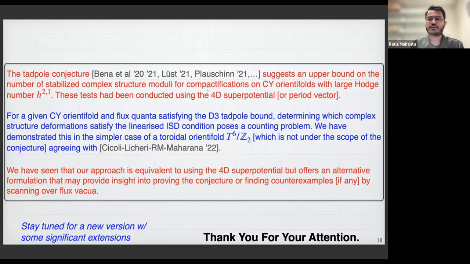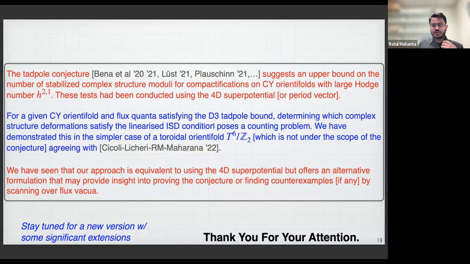There is the tadpole conjecture that suggests an upper bound on the number of stabilized complex structure moduli for compactifications on Calabi-Yau orientifolds with large Hodge number. These tests have been done using the 4D superpotential. For a given Calabi-Yau orientifold and flux quanta satisfying the D3 tadpole bound, determining which complex structure deformations satisfy the linearized ISD condition poses a counting problem. We have demonstrated this in a simpler case of a toroidal orientifold.